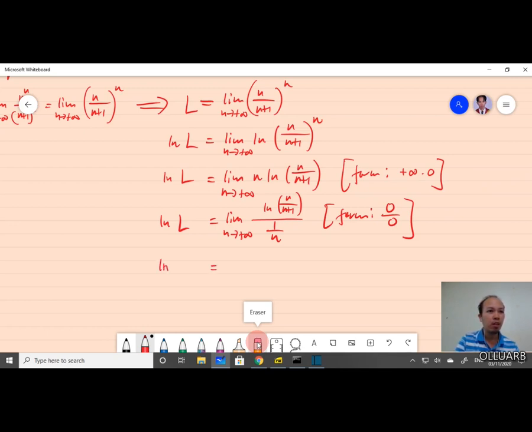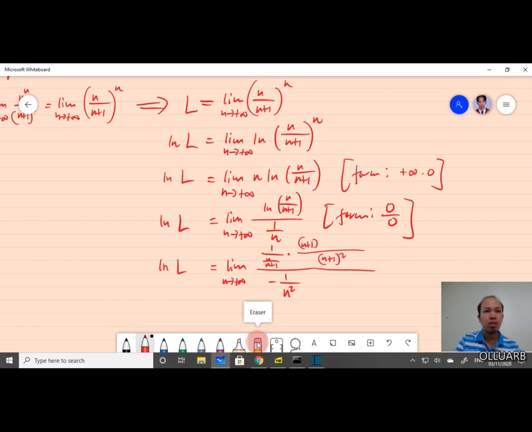We have ln of L equal to the derivative of the numerator and also of the denominator. In the denominator we have negative 1 over n squared, and the derivative with respect to n of the numerator is 1 over n times n plus 1. And we have the quotient rule: square the denominator.